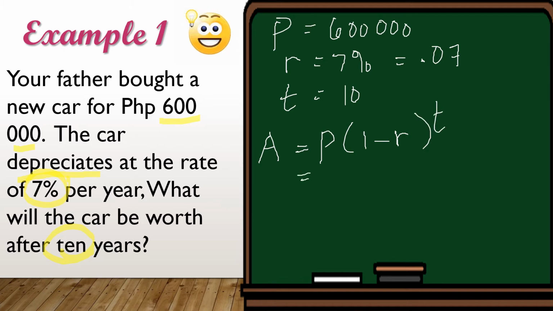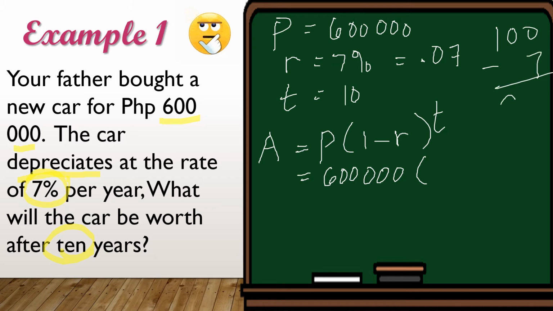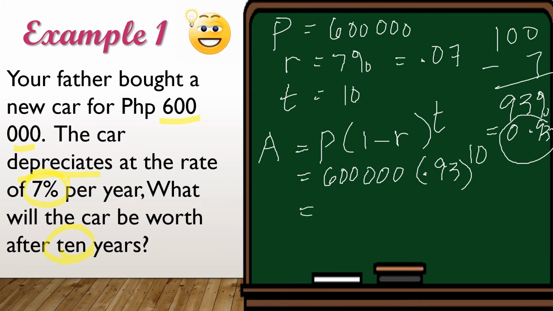For the principal, let's replace it with 600,000 pesos times 1 minus r, which is 1 minus 7%, or 100% minus 7% is 93%. So this is 0.93, which is our decay factor. So let's put here 0.93, and then the given time is 10. Let's replace t with 10. Let's solve this.